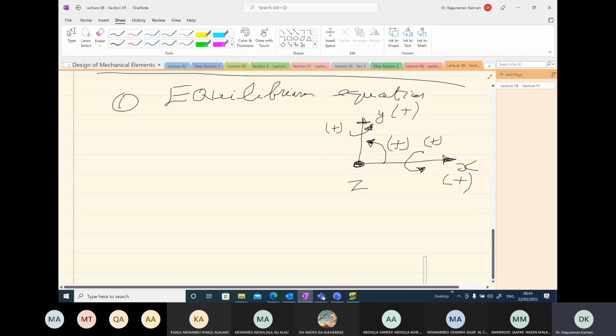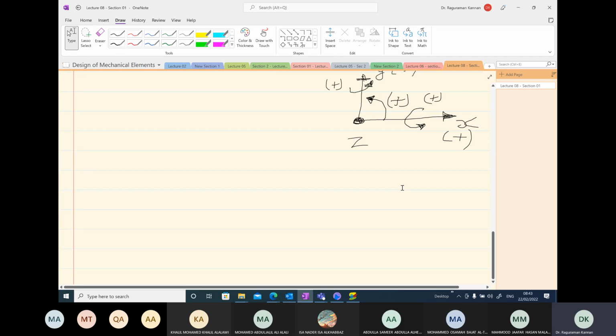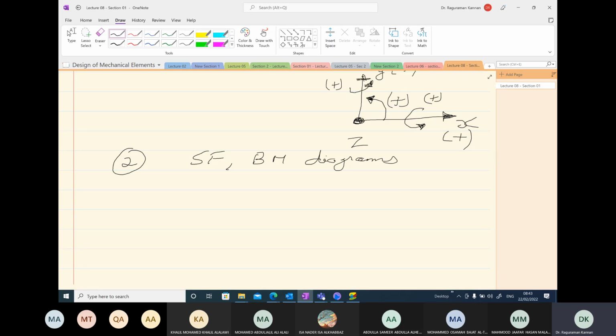What about the second sign convention, for drawing your shear force and bending moment diagrams? This is the way you get it.